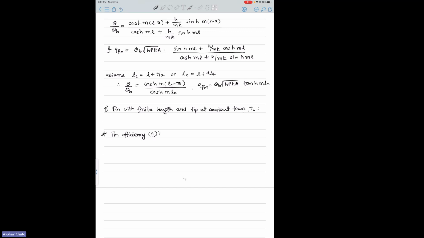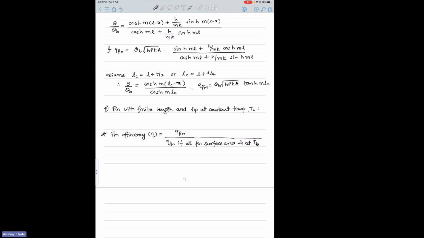Typically, we write it eta, and it signifies, you might be knowing, the heat transfer from the fin, Q fin, divided by the heat transfer from the fin if all the fin surface area is at Tb, base temperature, which doesn't happen usually, but this is the hypothetical case.